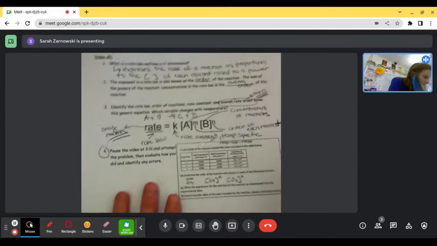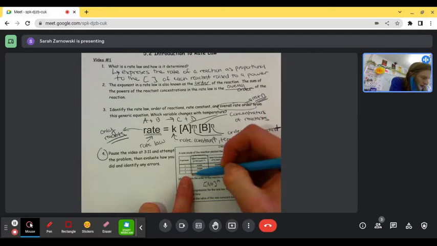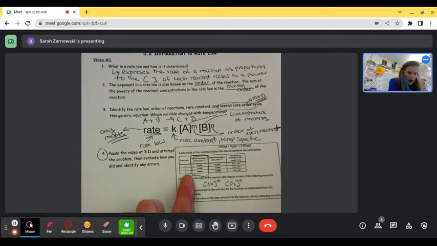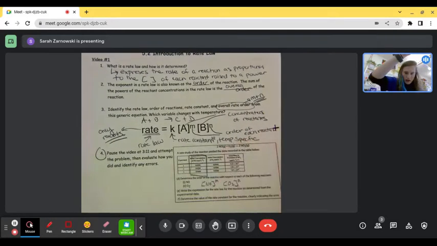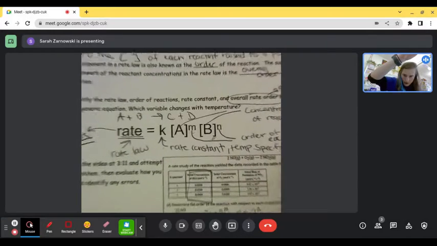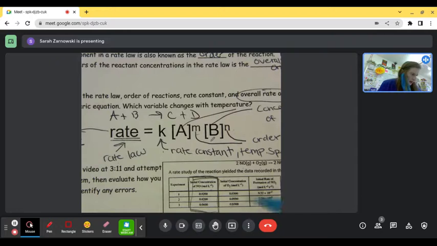So I go to my data. I find here's NO, so I'm going to be looking at the concentrations of NO for this. And you go to O2. So which experiment should I look at? Well, there's kind of a thing you have to do. You need to look at O2, and you need to find which experiments the concentrations of O2 are the same.